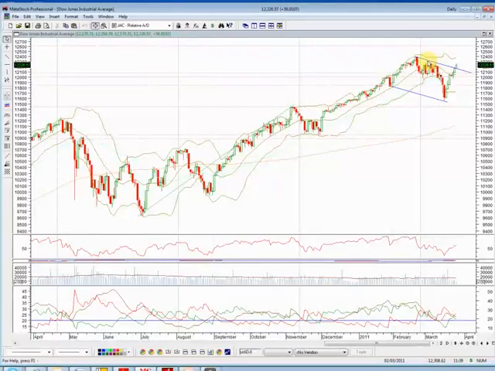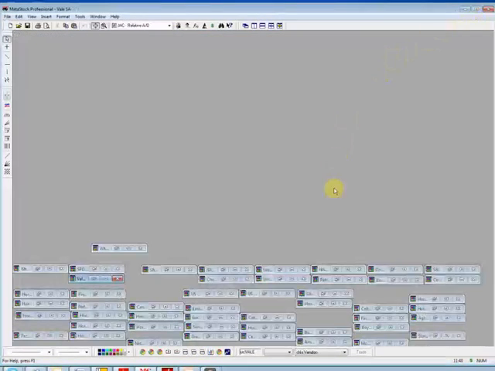We are going to have a barrier around 12,280, so not too far from the previous top. So there is a very good chance that we are going to see the Dow Jones trading close to this year's high.